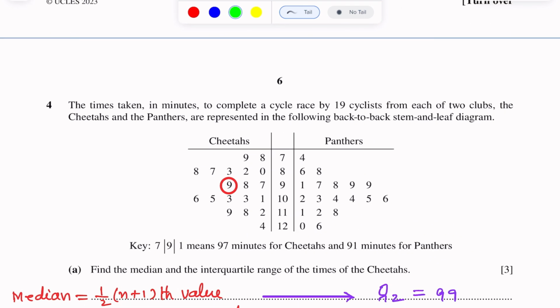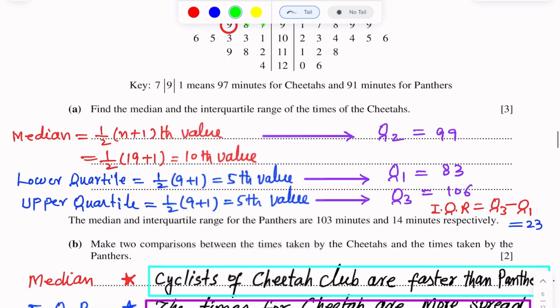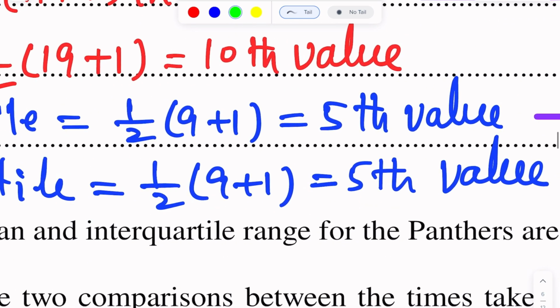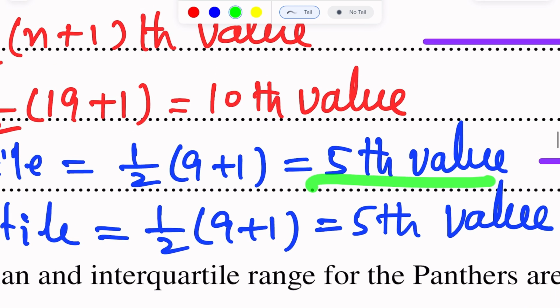To find the lower quartile, we again find the median of the first half of the data. In the first half, there are values 1, 2, 3, 4, 5, 6, 7, 8, 9. So the lower quartile will be the 1/2 (9+1)th value, which is the fifth value.